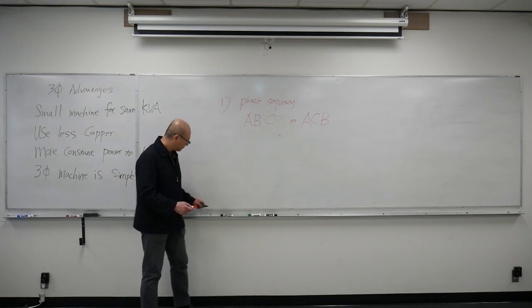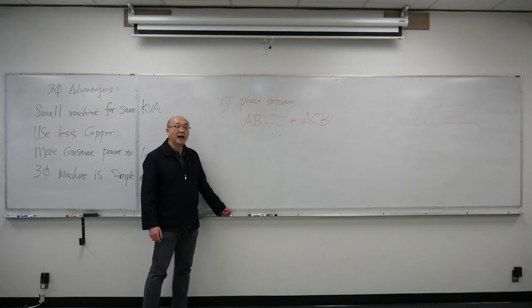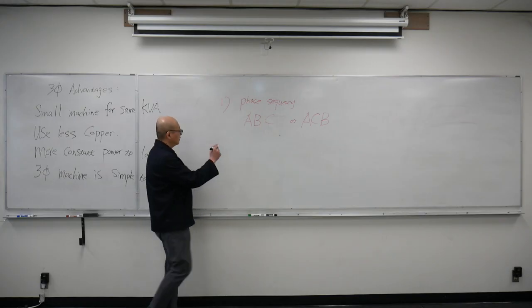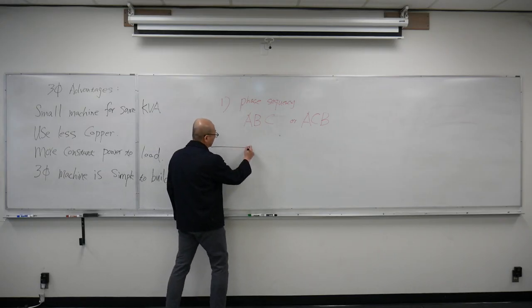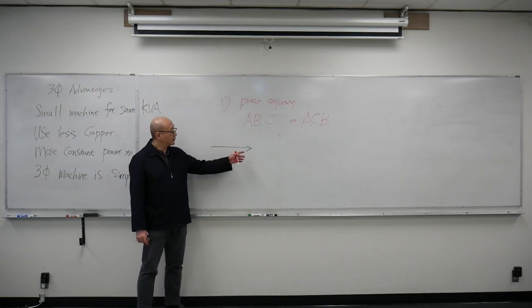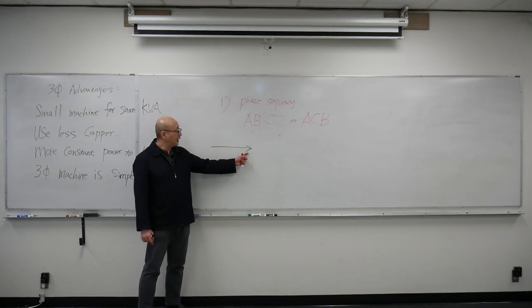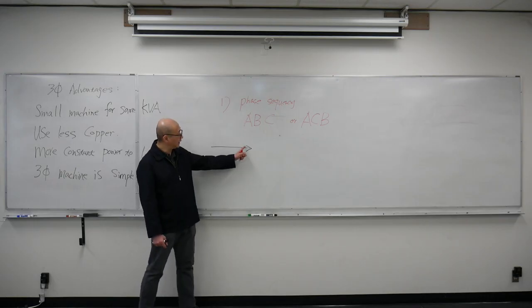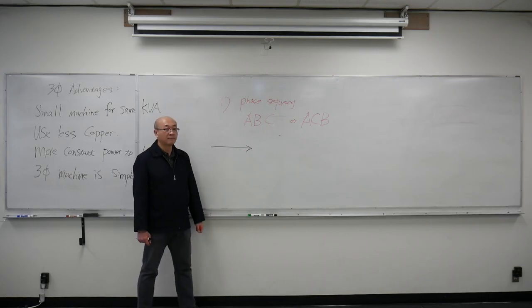Here, if I'm going to represent a voltage value, I will draw the vector. If it's a voltage, the end of the arrow pointing in the direction of this vector will be an open end. You can see I draw them this way.